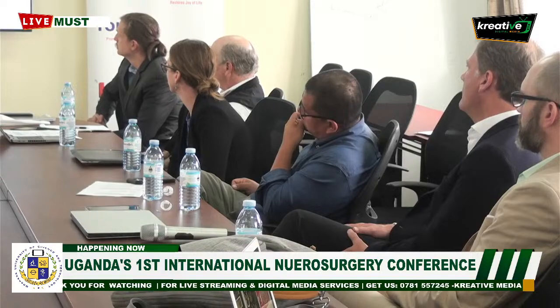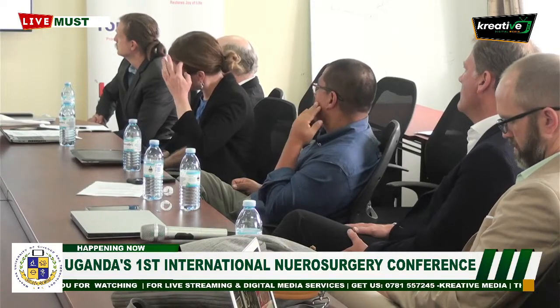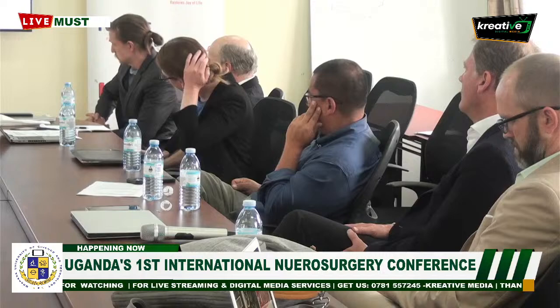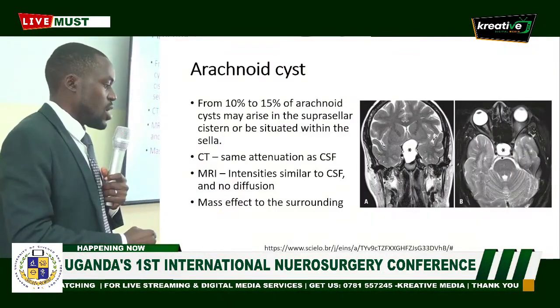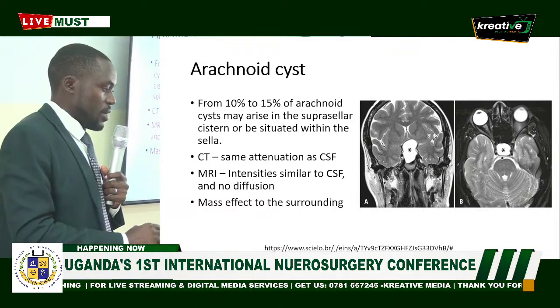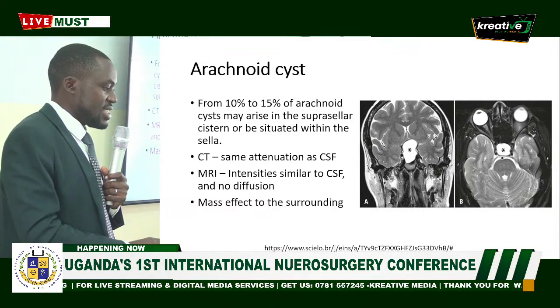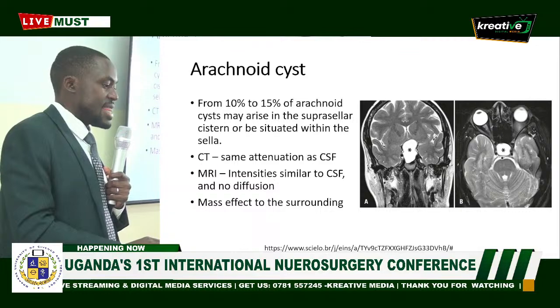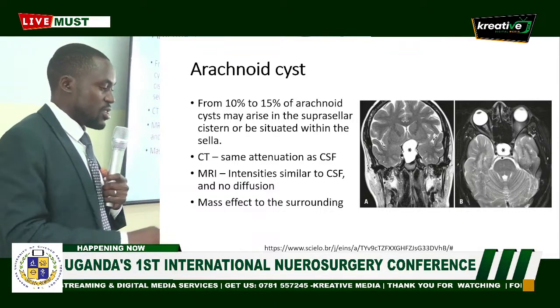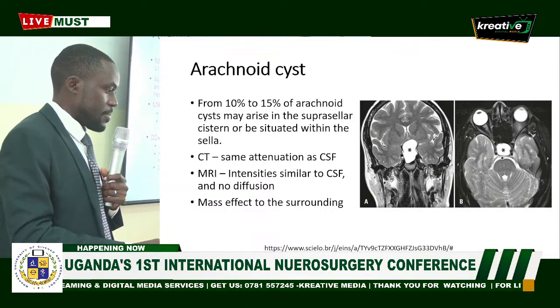So this may be a little bit tricky to differentiate from Rathke's cleft cysts, for example, because they can equally extend into the sella, okay? And the intensities are similar to that of CSF with no diffusion restriction. So on imaging, these are really tricky for us to differentiate from Rathke's cleft cyst.